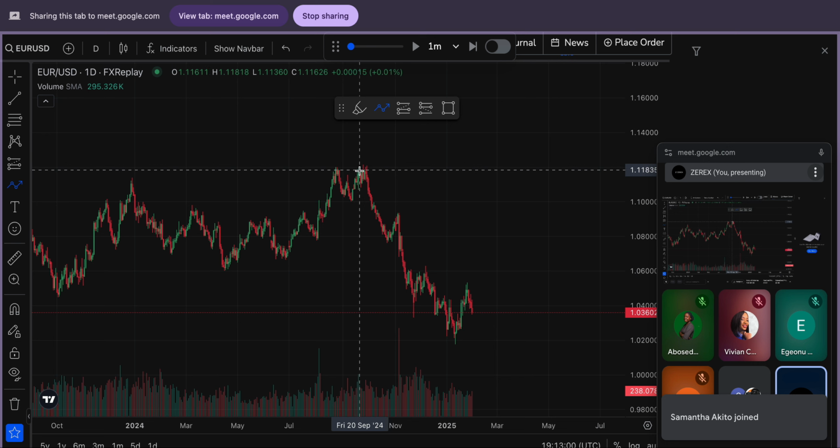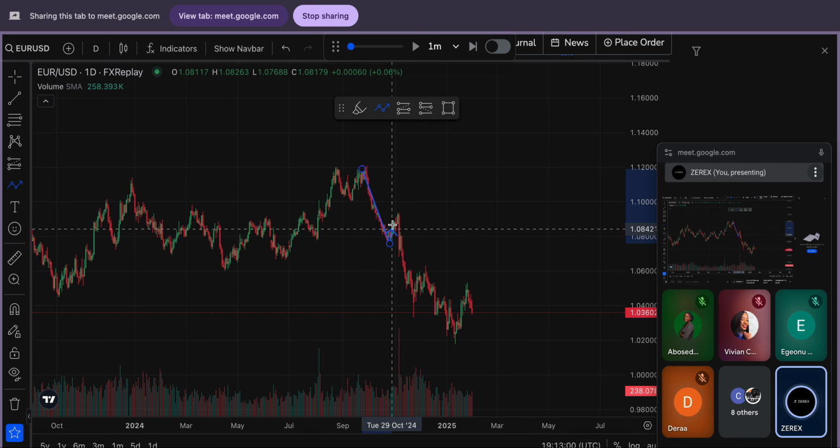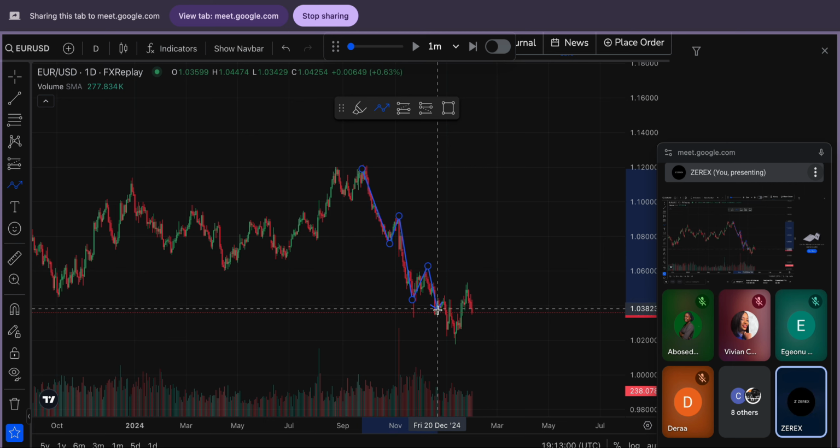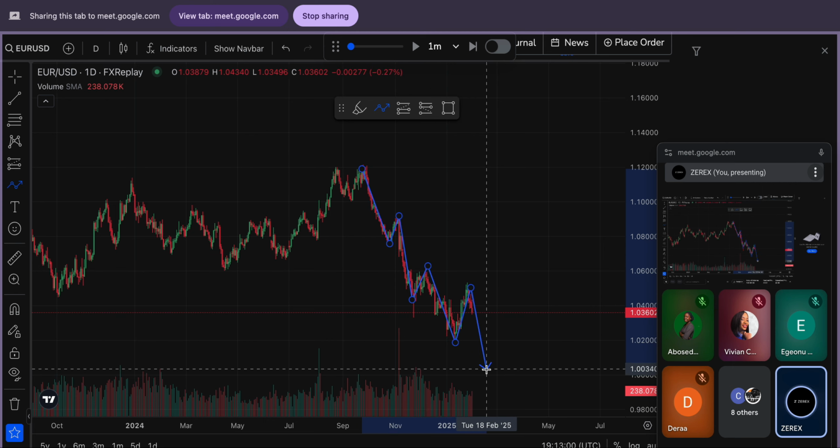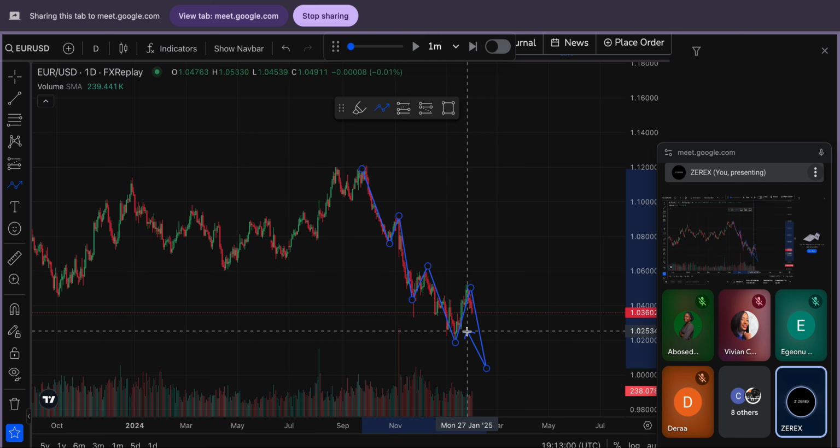This is the high. It led to this low, then this up, then this down, then this up, then this down, then this up. So I'm expecting a down move again. That is exactly what this market has been doing so far. There's no difference between the structure I drew before and the structure currently.